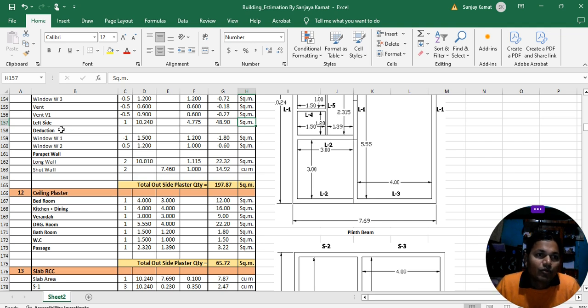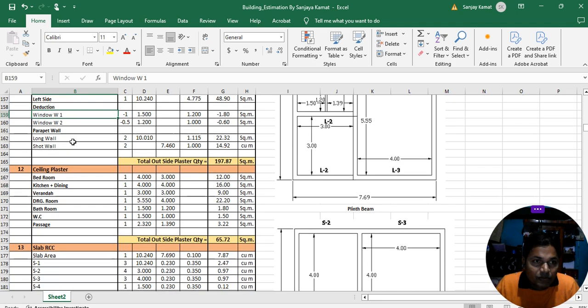Now after doing the plaster of the left side, you have to do the deduction. Deduction means reduce, okay. Now what do you have to reduce? Window 1 and window 2. Window W1: number is minus 1, length is 1.500 meter, and thickness is 1.2 meter.